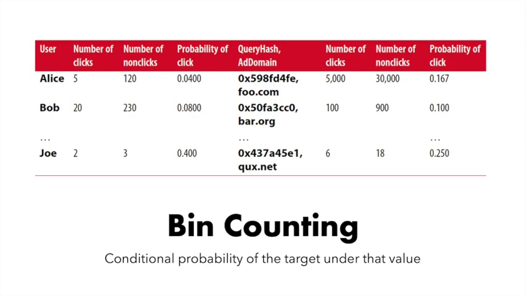And you can see here. Similarly, we can compute the probability of a click for any query hash and domain combination. At training time, every time we see Alice, we can use her probability of click as the input feature to the model. And the same goes for query hash and domain pairs like what we have here.